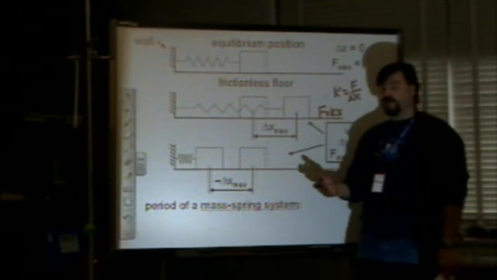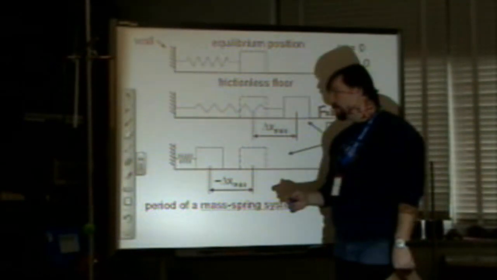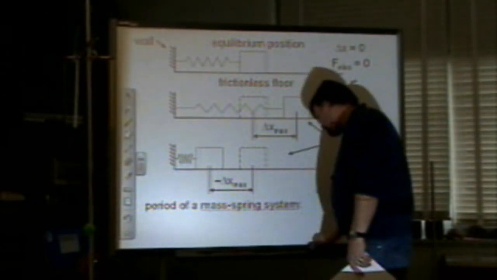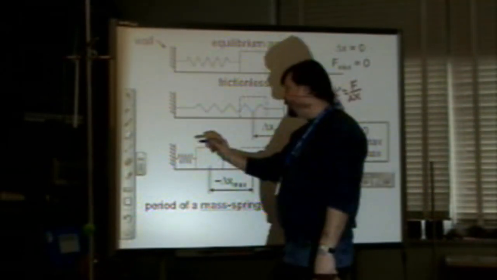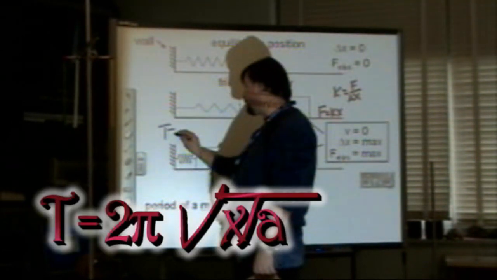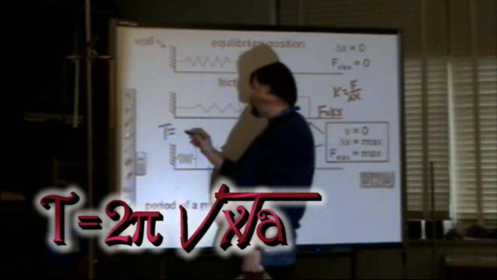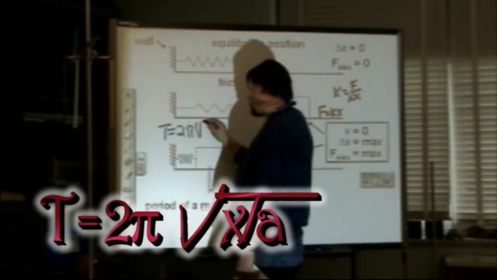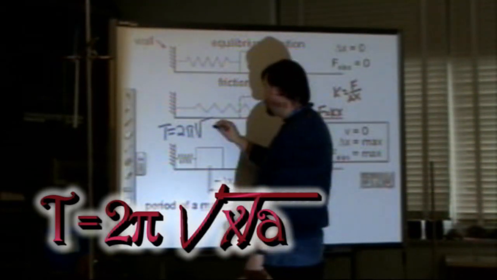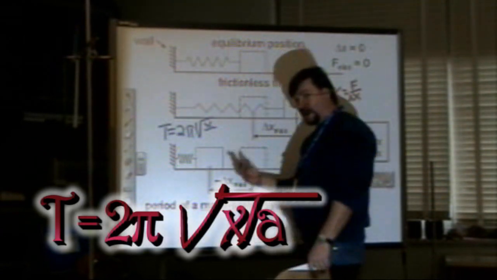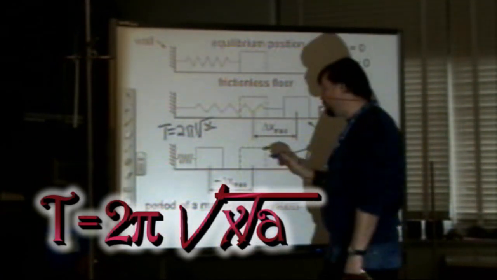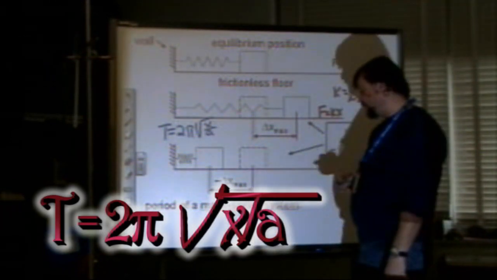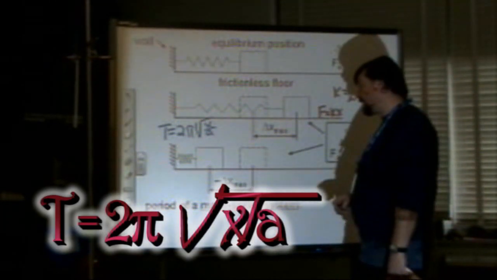All objects that undergo simple harmonic motion, we could determine their period using the equation T, the time period, is equal to 2 times pi times the square root of the displacement of an object undergoing simple harmonic motion divided by the acceleration which takes place by that object.